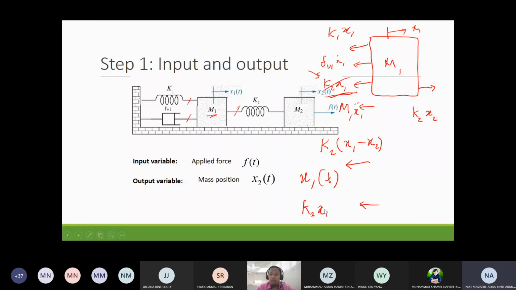Or if you write K2 X1 direction backward and K2 X2 direction forward, you split the forces, also correct. Okay, so whichever way you write is okay. So when you have an element, let's say a spring, connected on two bodies, then the force becomes X1 minus X2.